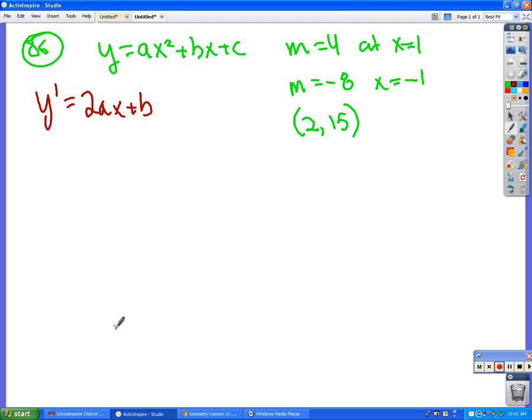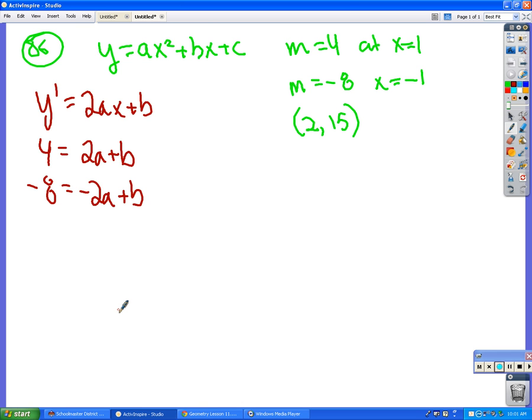Since we know the slope is 4 when x equals 1, I can plug in 4 for y prime and 1 for x, and I get 4 equals 2a plus b. Then I do the same thing with the slope equal to -8 and x equal to -1, which gives me -8 equals -2a plus b.